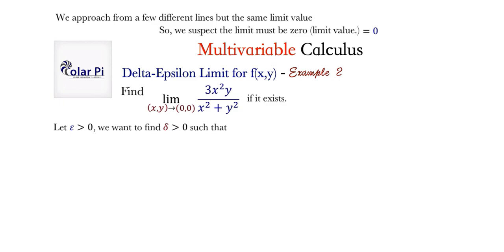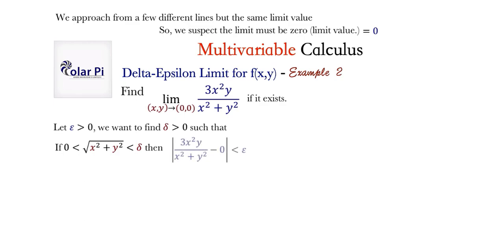And recall that the delta-epsilon limit definition that we saw in example 0 goes a little something like this, which is for every epsilon greater than 0, an arbitrarily small positive number, that's epsilon, we need to find a delta greater than 0 such that whenever this is true, then this follows.